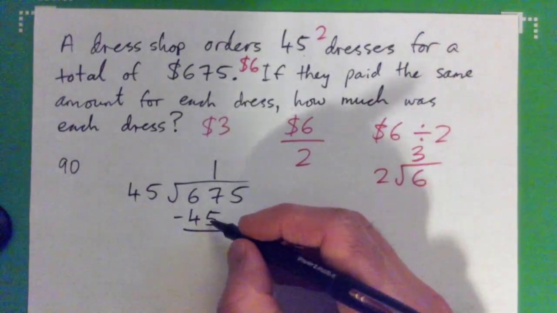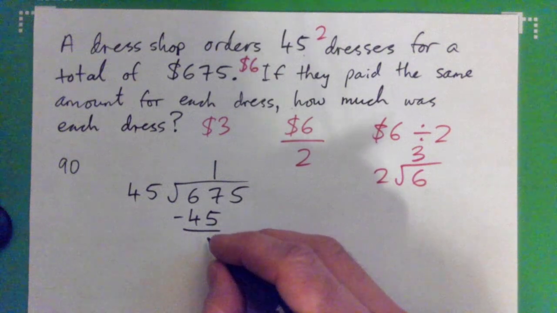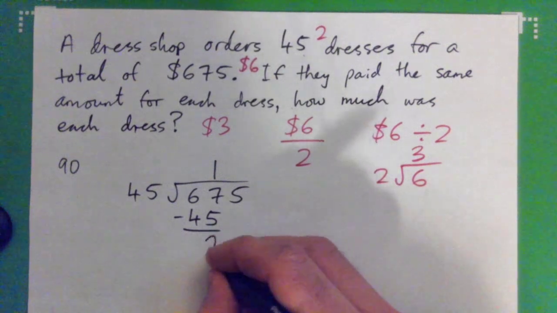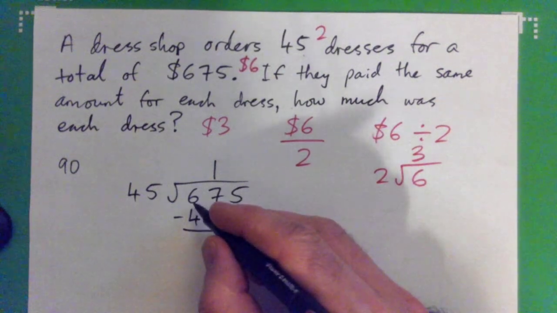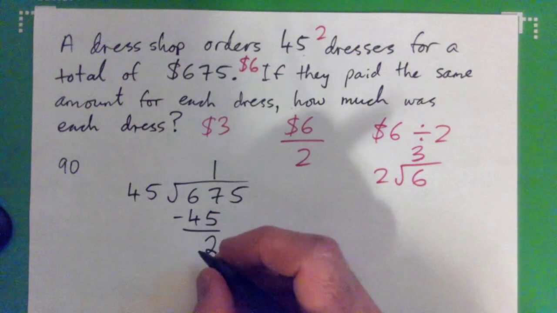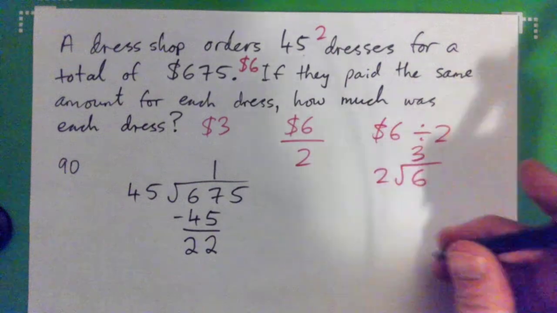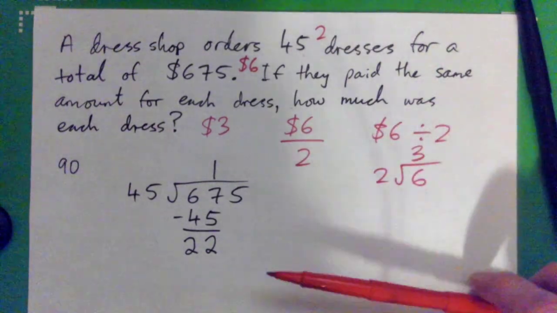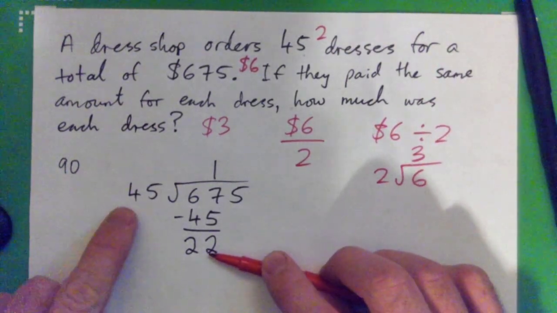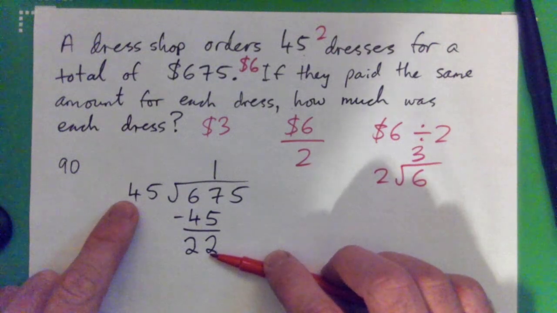Now 7 minus 5, 2. And 6 minus 4, 2, right? Good. So we have 22, and that is less than 45, isn't it?